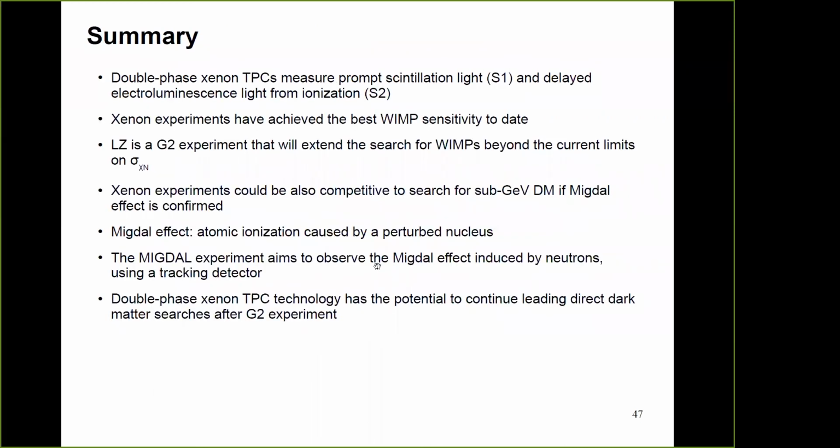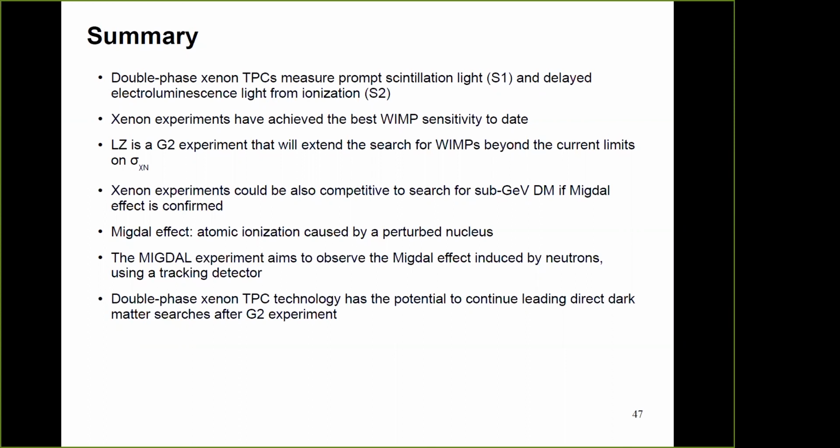I finish the presentation, the seminar, just reviewing the most important concepts of it. First of all, double phase xenon TPCs with a liquid phase and a gaseous phase measure two signals: a prompt scintillation, and then electroluminescence light from ionization producing the gas. That's why we have 2 phases. This allows us to have electron nuclear recoil discrimination.